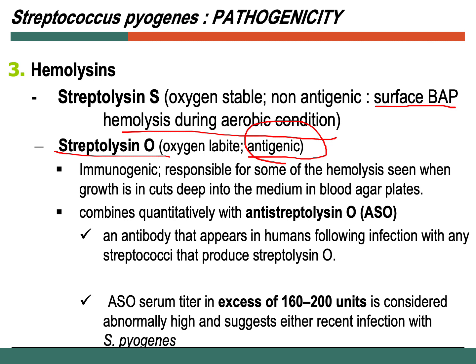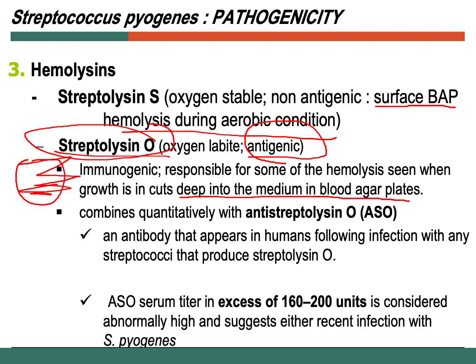When you say antigenic, it is immunogenic and responsible for the hemolysis on the deeper portion of the medium. So in order to see whether the organism is producing streptolysin O, you need to stab the culture medium. Diba? Aside from streaking the culture medium, you need to stab. So, you dip it deep.